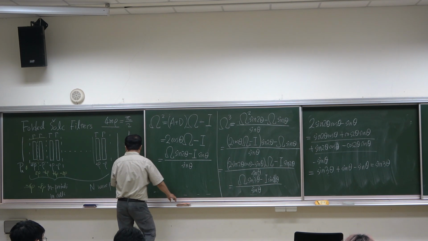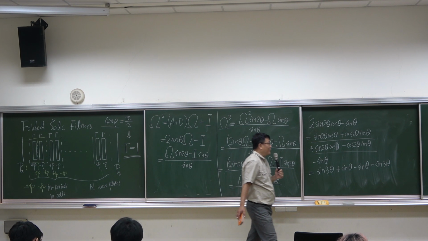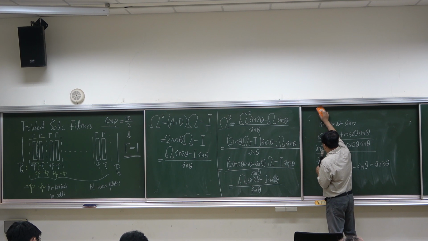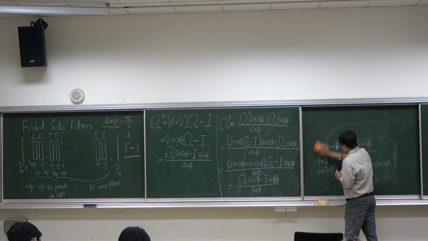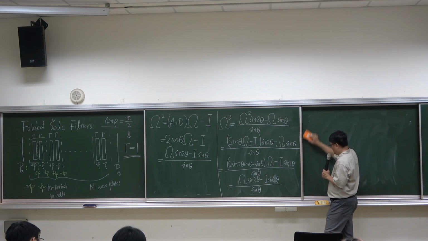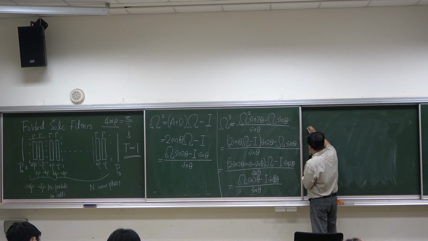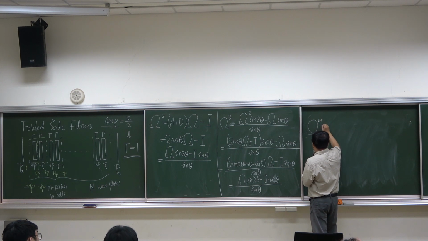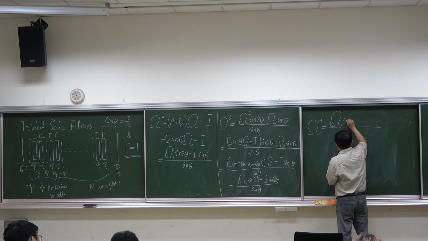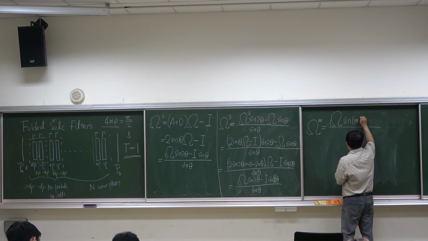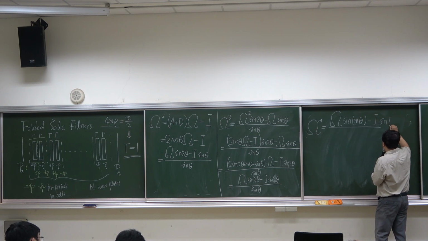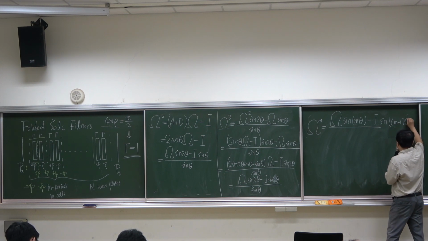So it is very easy to guess that in general, we have the m-th power of omega equal to omega times sine m theta minus I times sine m minus 1 theta over sine theta.